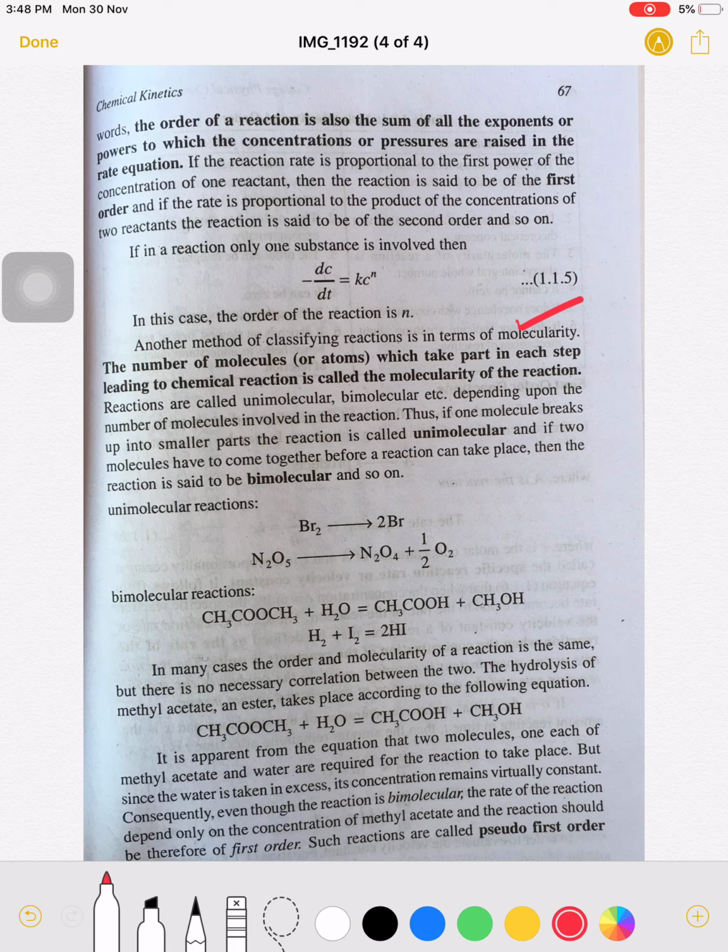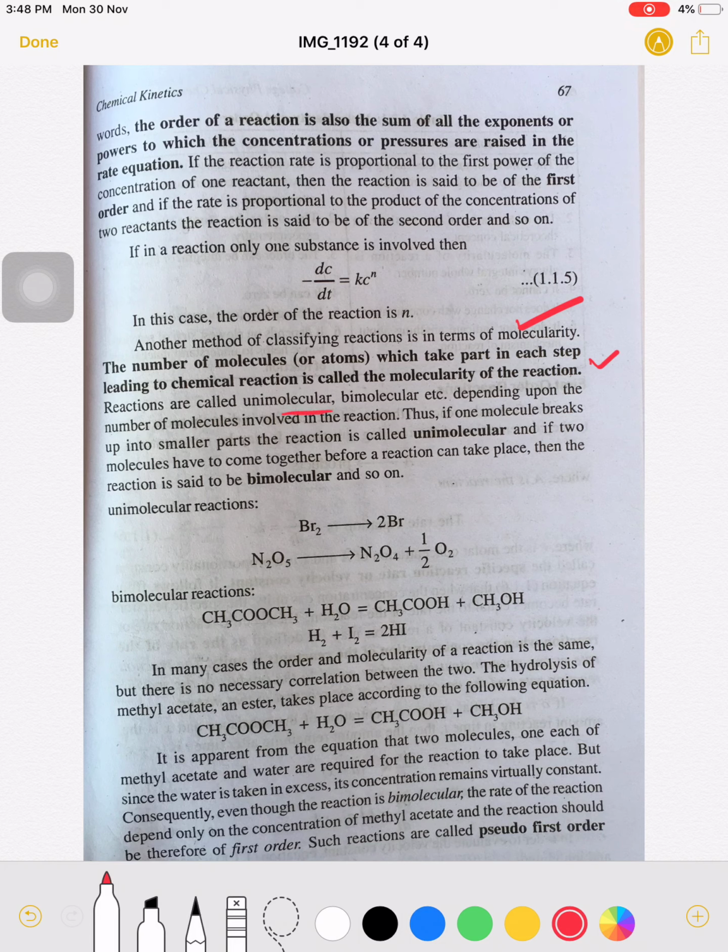The number of molecules or atoms which take part in each step leading to a chemical reaction is called the molecularity of reaction. So the number of molecules which take part in each step gives you information regarding the molecularity of reaction. If you read this definition again, you will understand: the number of molecules or atoms which take part in each step leading to a chemical reaction is called the molecularity of reaction.